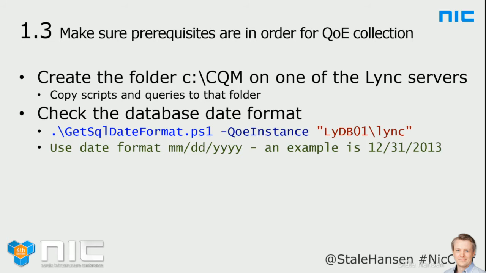And also check the database for the date format, because we want to collect data from this SQL database within a month or something. And then we need to know the format we need to ask for that data in. So part of the toolset is this script called GetSQLDateFormat.ps1. And it will return the date format: month, day, year, or something else.